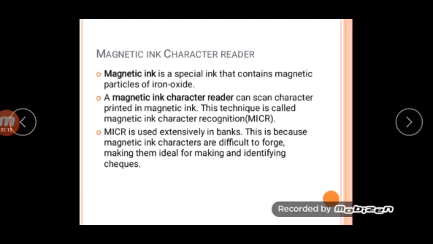This technique is called magnetic ink character recognition. MICR is used extensively in banks. This is because magnetic ink characters are difficult to forge, making them ideal for making and identifying checks.